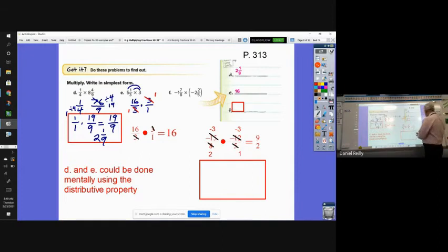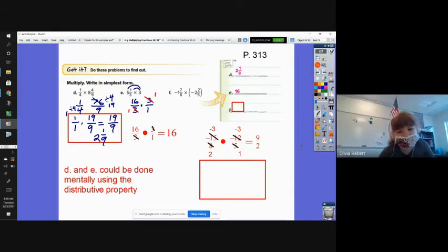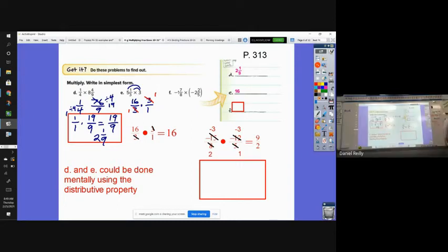When you divide them both by 5, 5 divided by 5, you get 1. And 15 divided by 5, you get 3. This is negative, so it's negative 3. 12 and 8 are both divisible by 4.